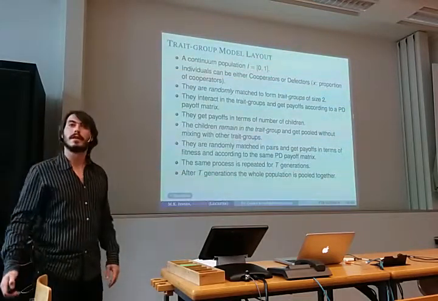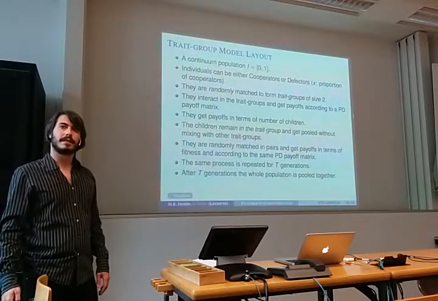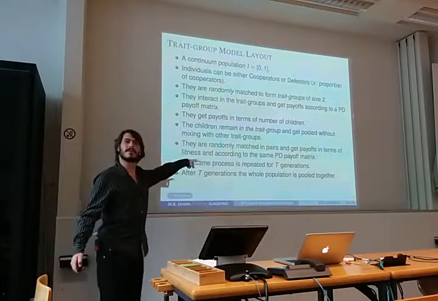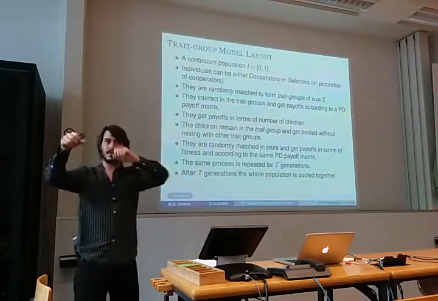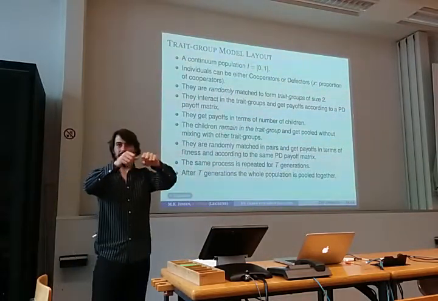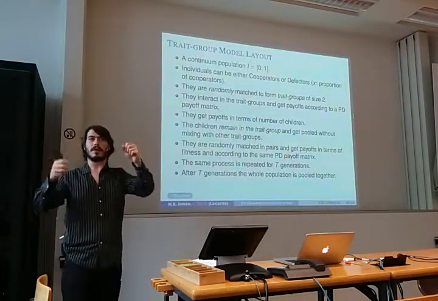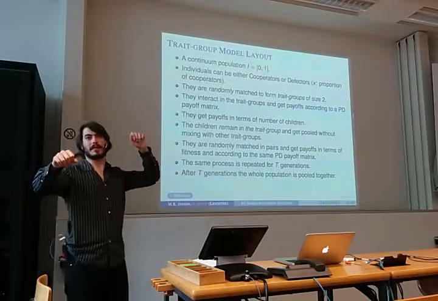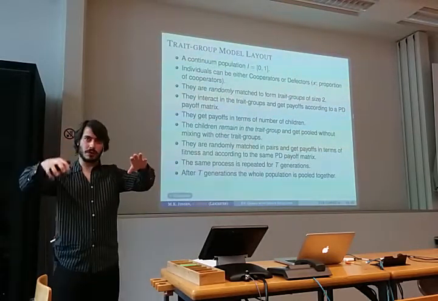Just a question. So the children remain in the trait group? Yes, for T generations. So let's say you have two people, a cooperator and a defector. The cooperator gets 2 children, the defector gets 10. So you have 10 defectors and 2 cooperators there.